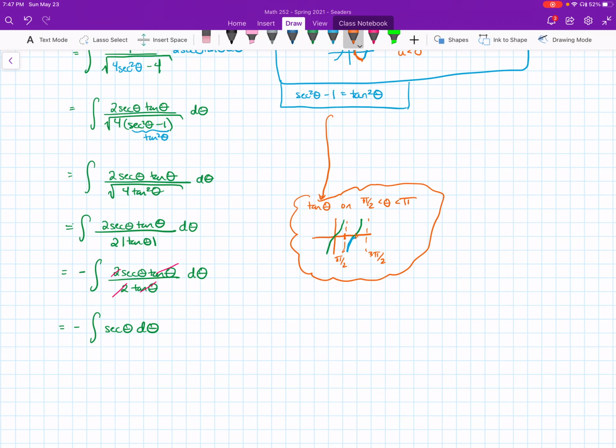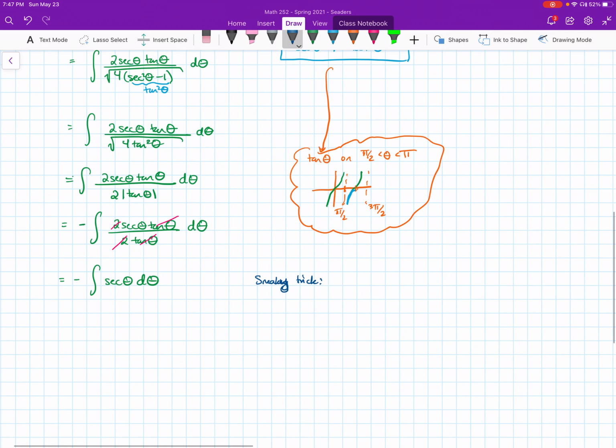Okay, so I've written this in terms of trig functions, but I might feel a little stuck here if I don't know a sneaky algebra trick. There's a sneaky trick of how to integrate secant theta, and this will work similarly for cosecant theta. So the integral of secant theta, if I multiply top and bottom by secant theta plus tangent theta, something very nice will happen in terms of me being able to see derivatives.